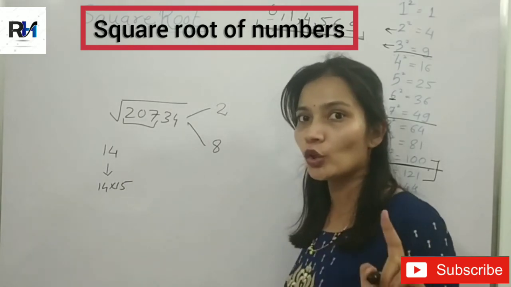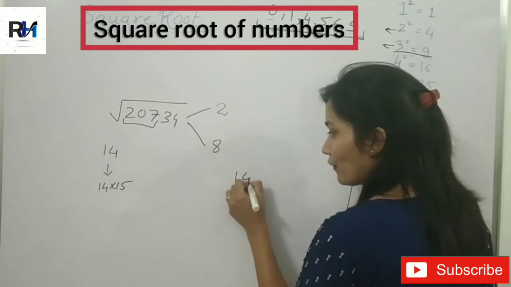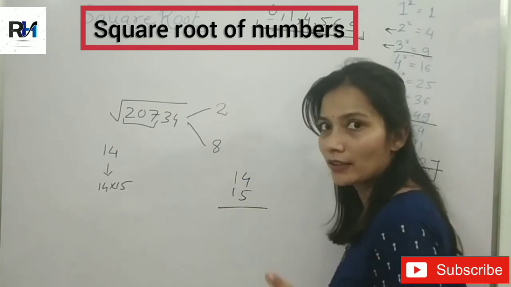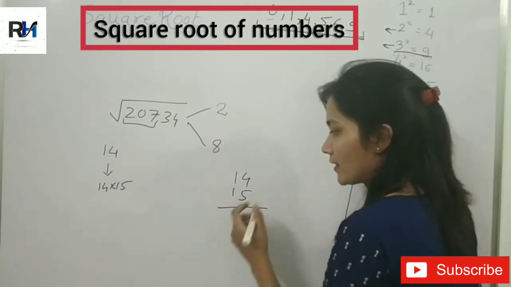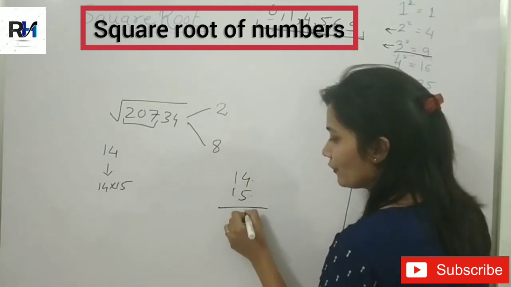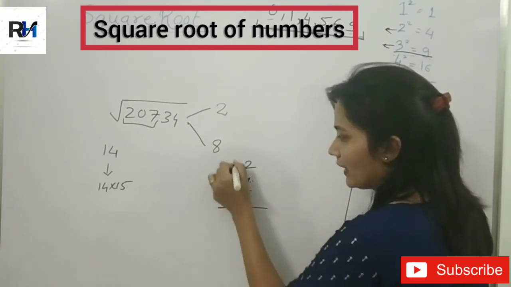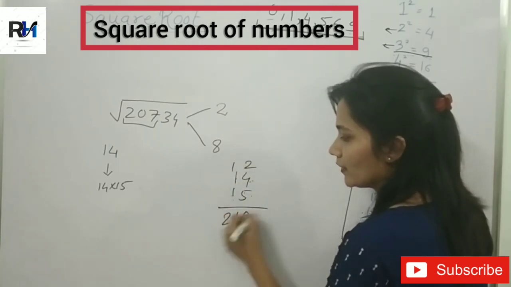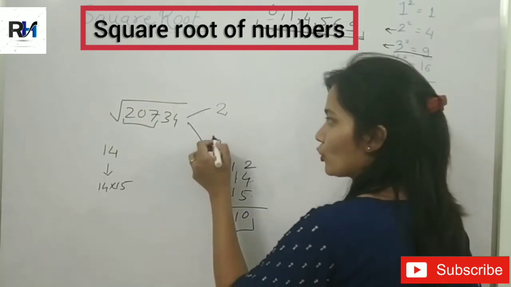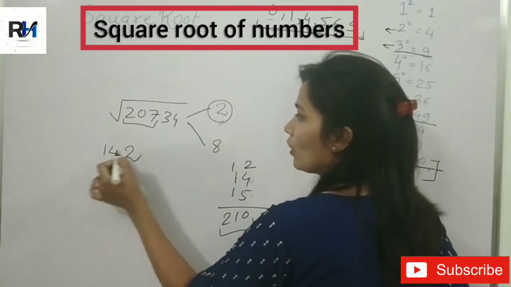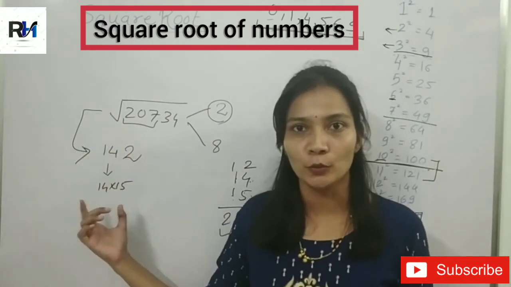If you don't know the table of 14 and 15, we have seen a method, the infinity method. Those who have not seen it, the link is given in the description box. So 5 times 4 is 20, 2 carry, 5 times 1 is 5, 5 plus 2 is 7... so 210, which is greater than 207. So we will take 2. So the square root of 20734 is 142.